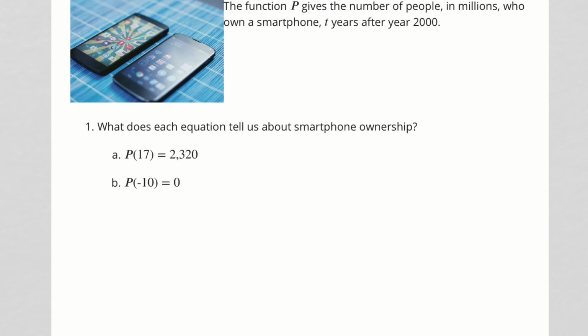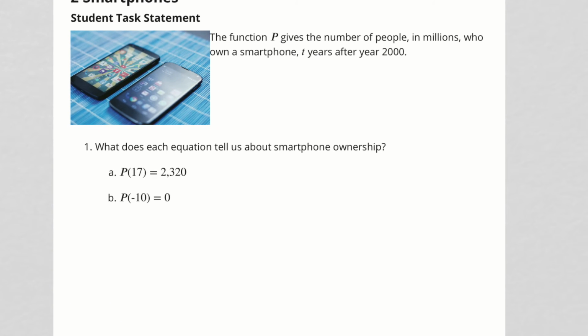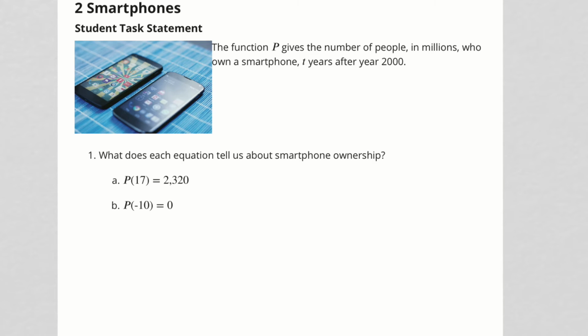We have smartphones. The function P gives the number of people in millions who own a smartphone t years after 2000. What does each equation tell us about smartphone ownership? So we have P of 17 equals 2,320.